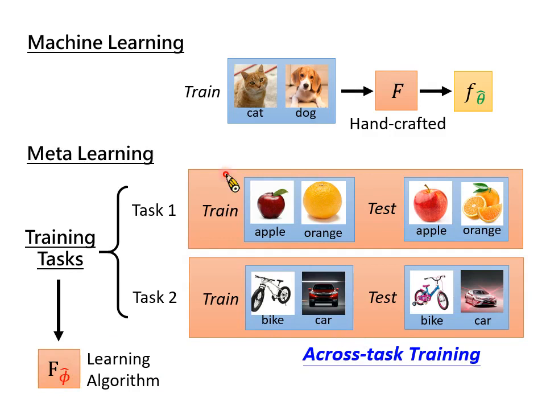To emphasize the difference between meta-learning and machine learning, the training in machine learning is called within-task training in this tutorial. In meta-learning, we learn from lots of different tasks and get a learning algorithm. This is across-task training. In machine learning, just based on the data of one task, we can learn the function. This is within-task training in this tutorial.